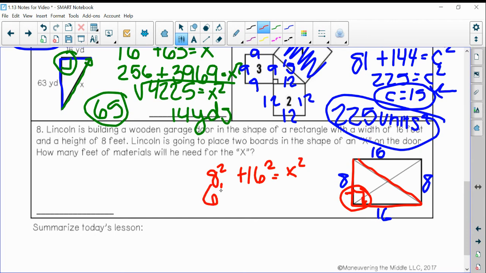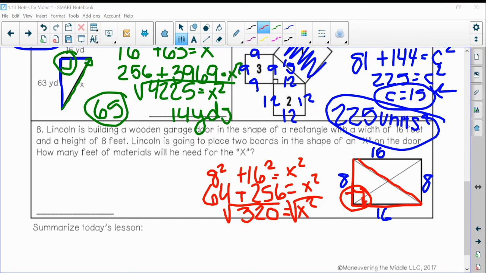8 squared is going to give me 64 plus 16 squared is going to give me 256. And that's my diagonal squared. 64 plus 256 is going to give me 320. And in order to figure out what my diagonal is, I have to take the square root of both sides.